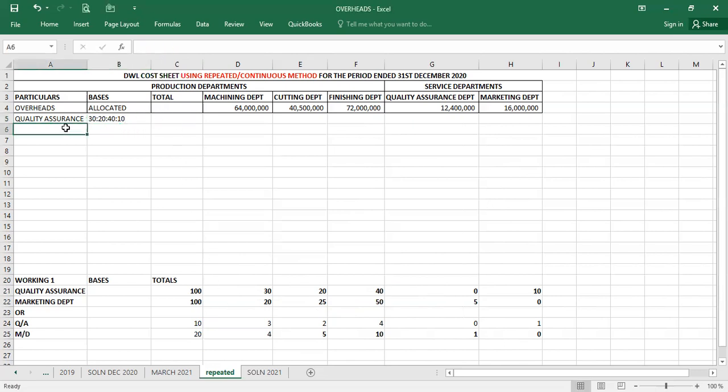Then the next one will be distributing the marketing department. Then this will be 20 to 25 to 50 to 5. This 5 we are seeing here.